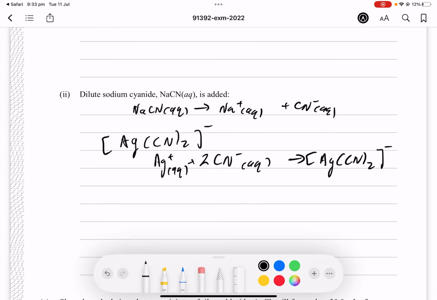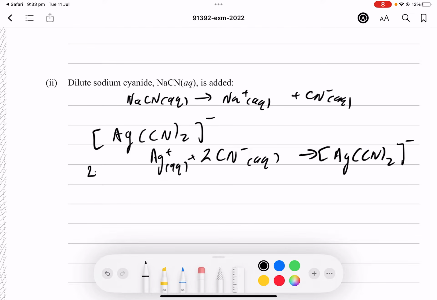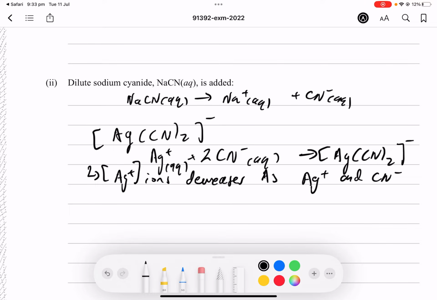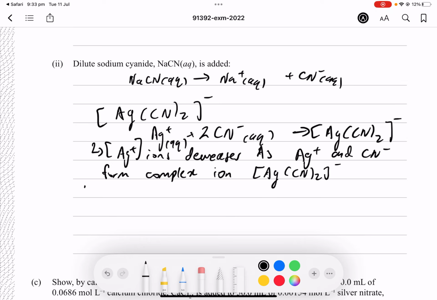In this case, it's the exact opposite of what we had before. We have Ag+ ion concentration decreasing, as Ag+ and CN- form the complex ion Ag(CN)2-. Therefore, equilibrium will shift to reduce the change.